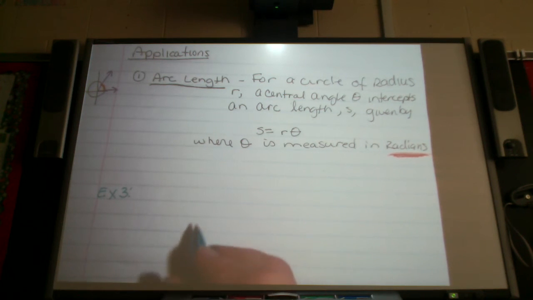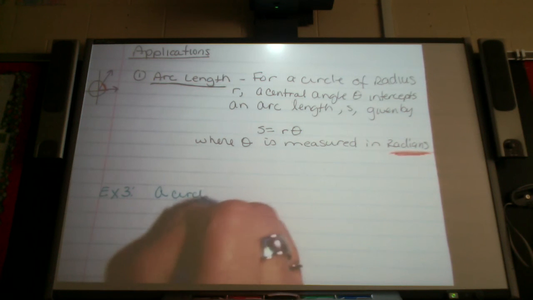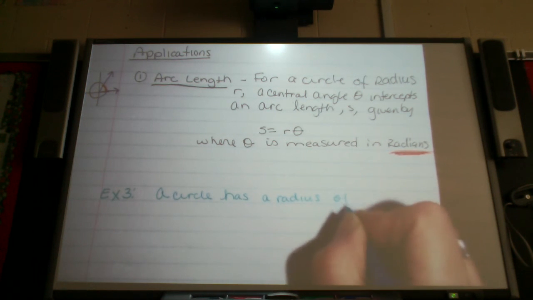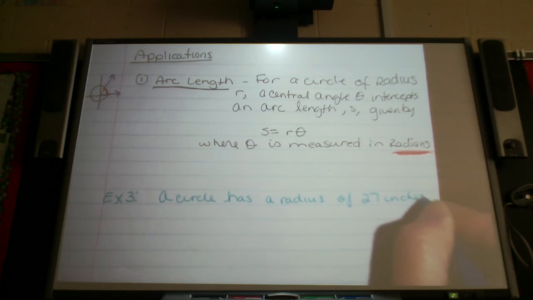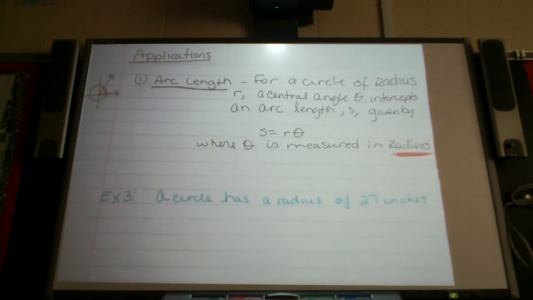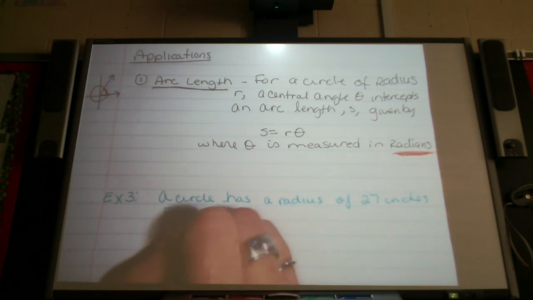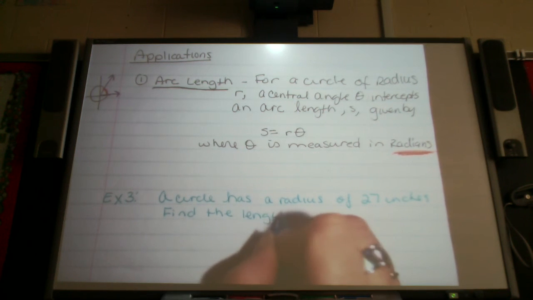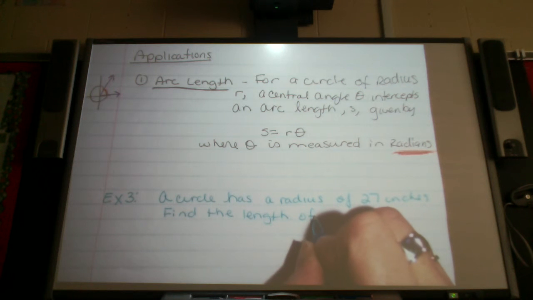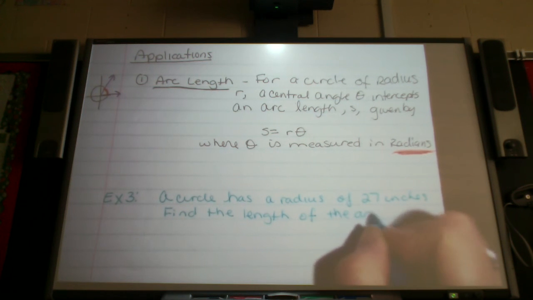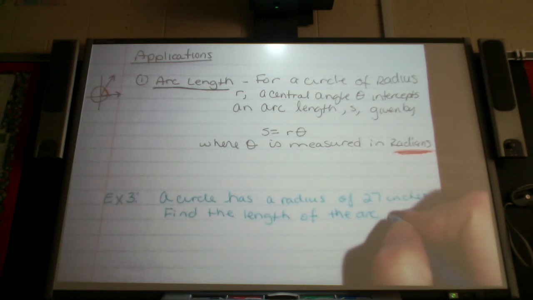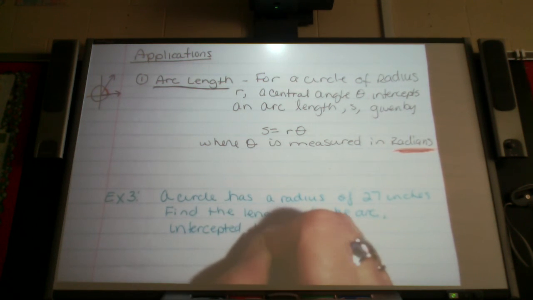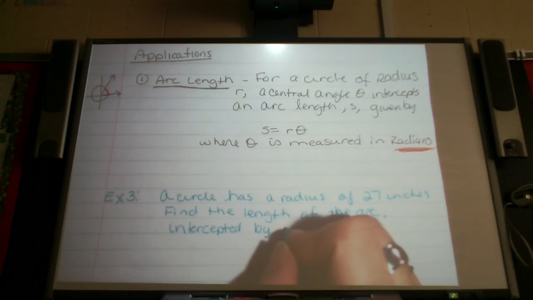A circle has a radius of 27 inches. Find the length of the arc intercepted by a central angle of 160 degrees.